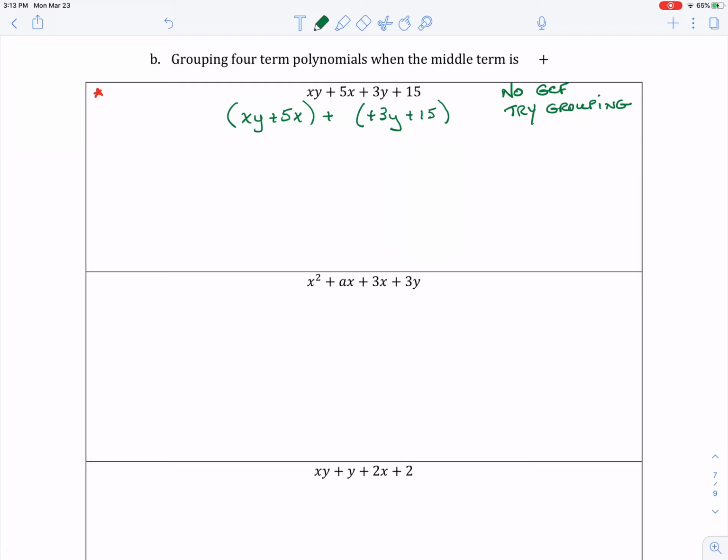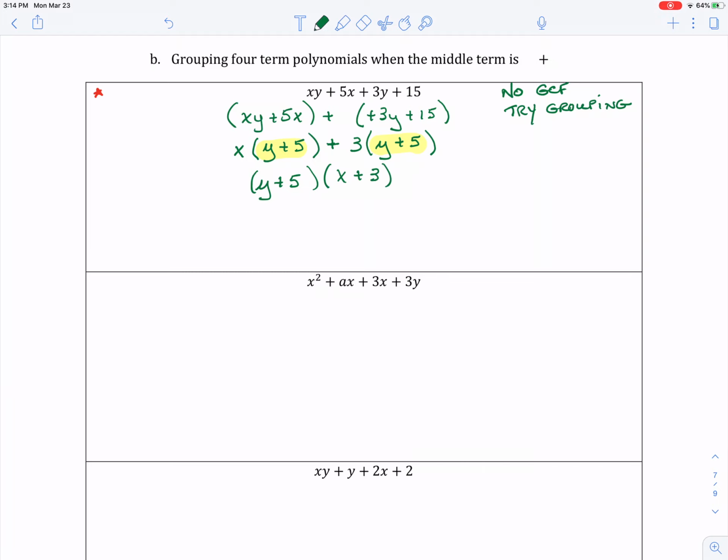So on the first 2, I see in common an x, which I'm going to pull out in front. That leaves a y plus 5 inside the parentheses. In the second 2, I see a common factor of 3, which is also going to leave a y plus 5. And you remember from the ones that we just did, those common parentheses, I'm going to pull that out in front.